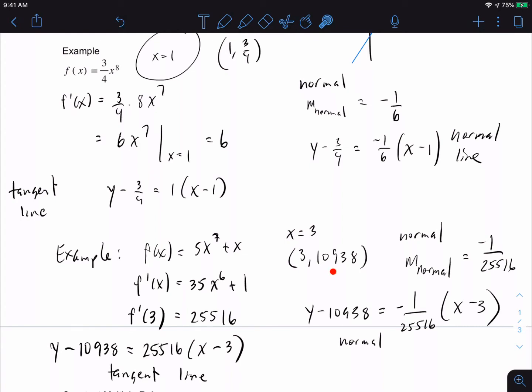Got it. Can you say that again? Sorry. Yeah, no problem. So let's go first things first. In this function, we're evaluating at a p value of 3, correct? I'm going to plug in 3 into the original equation to find the point where I'm trying to find the tangent.